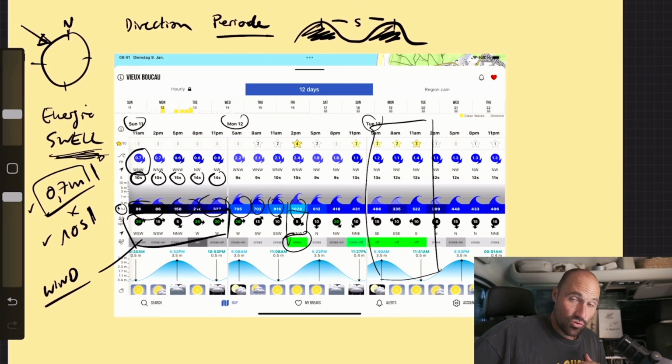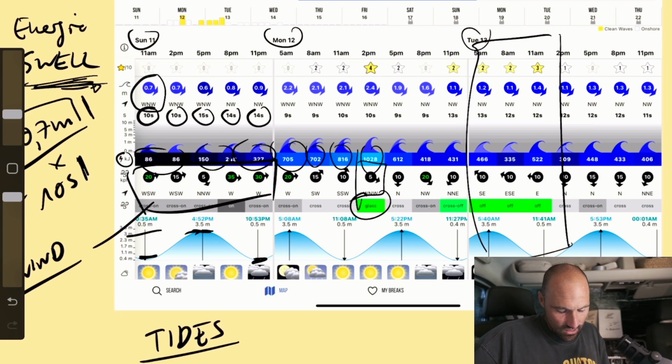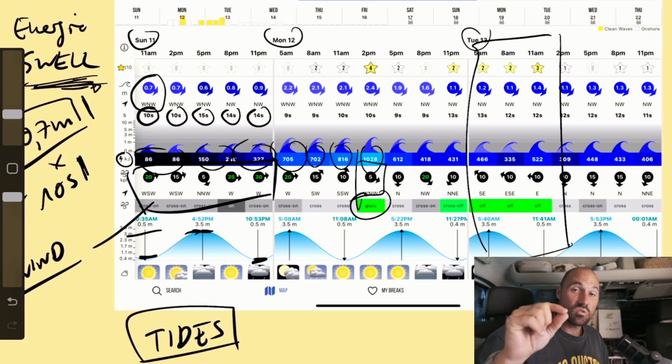If you're still with me, and I hope you understand everything I tell you right now, I give you some pro tips here. First of all, at the end down here you see numbers 0.5 and 3.5. Those things you might see on your tide watch are actually the tides. The tides are down here, which is super important, because some spots are better at low tide and some spots are better at high tide, and it shows you as well at which time is high tide and which time is low tide.